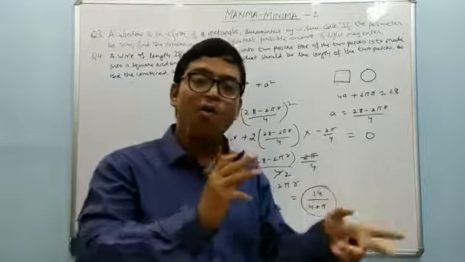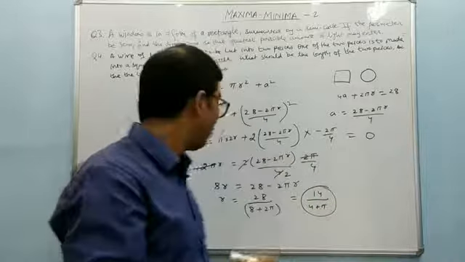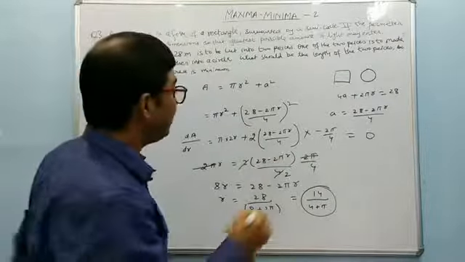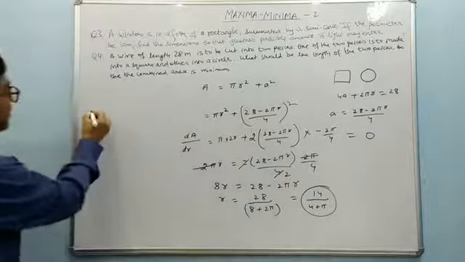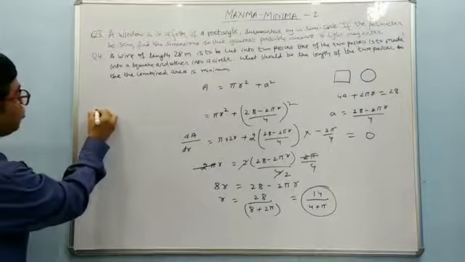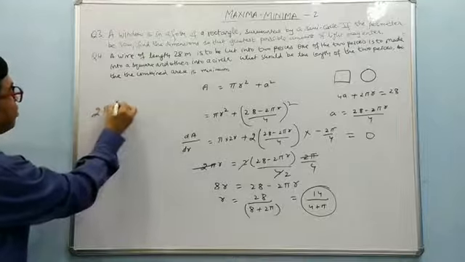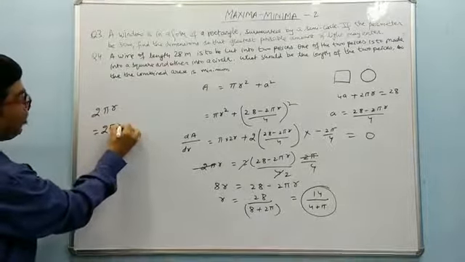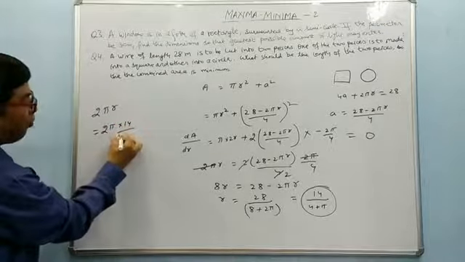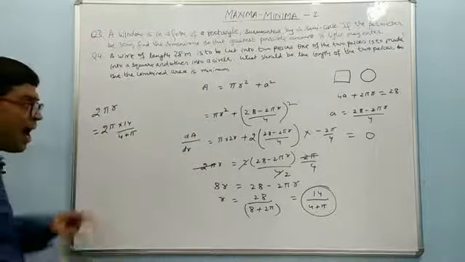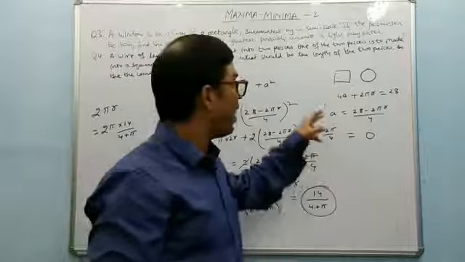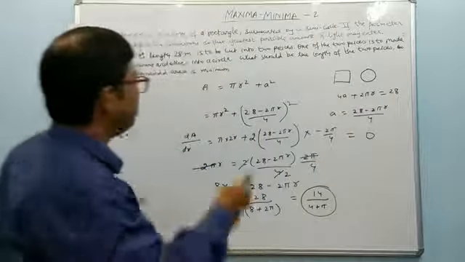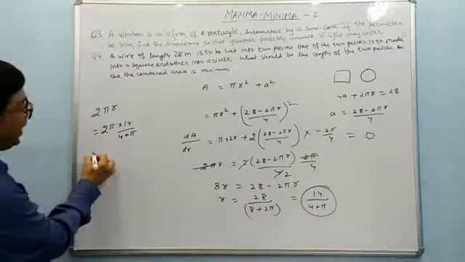So the length of the circular piece is 2 pi r. So the length of the circular piece will be 2 pi, and r we got is 14 by (4 plus pi). And the length of the square piece will be 4a.